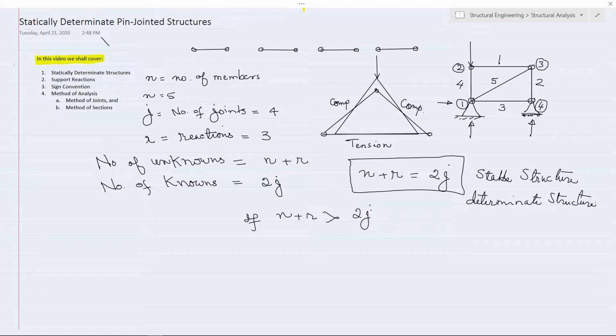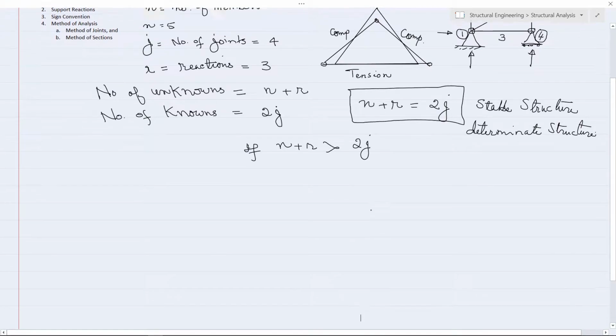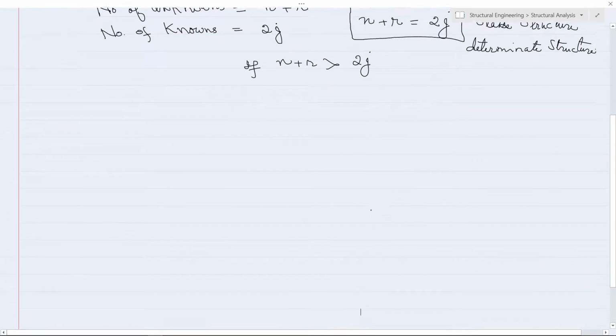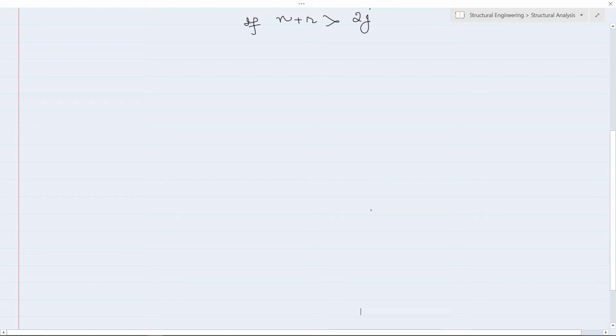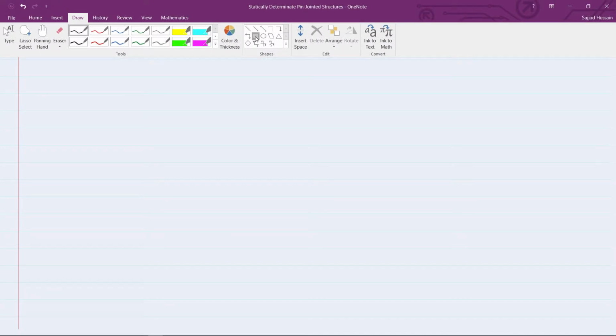Let's see this situation when n plus r will be more than 2j. Let us take one example.